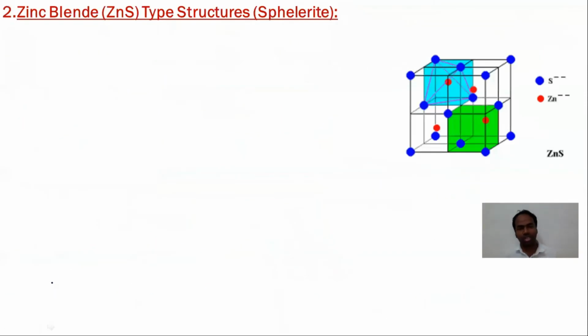The next crystal structure is zinc blende or sphalerite. Let us see here. First, find the radius ratio of Zn+2 to S-2. That is nearly equal to 0.4. It is not more than 0.4, it is nearly equal to 0.4.